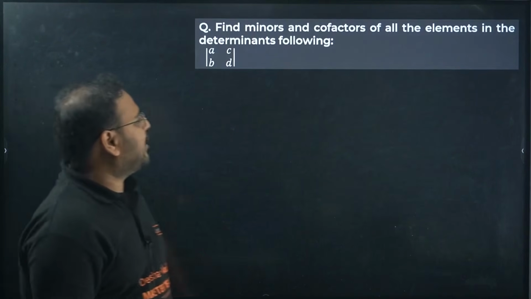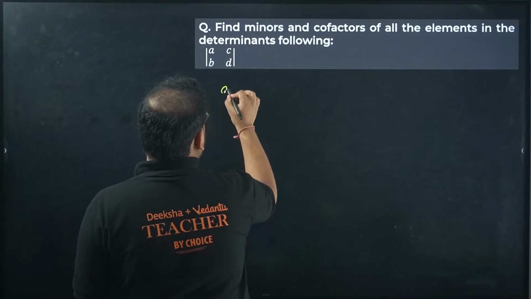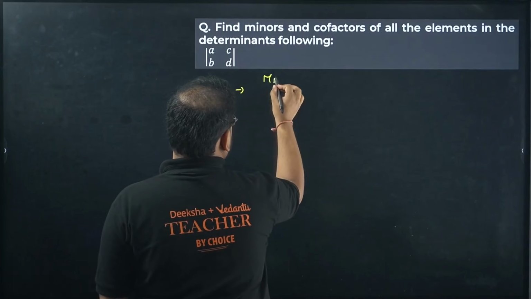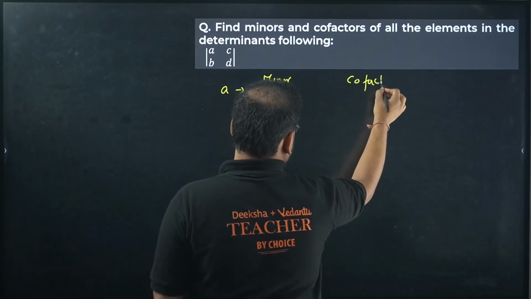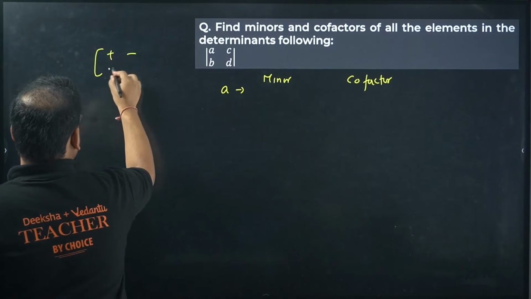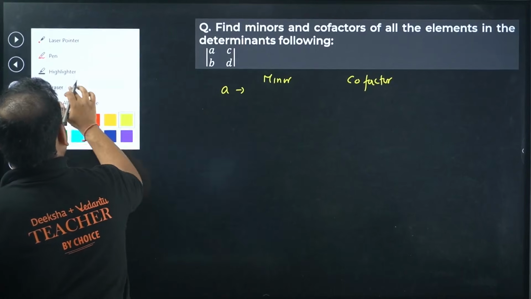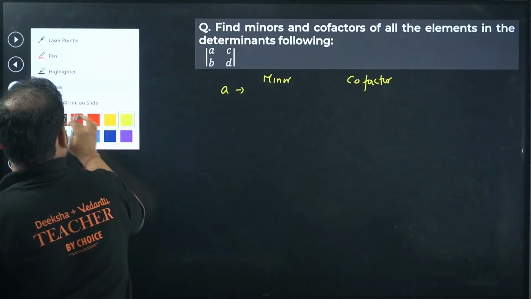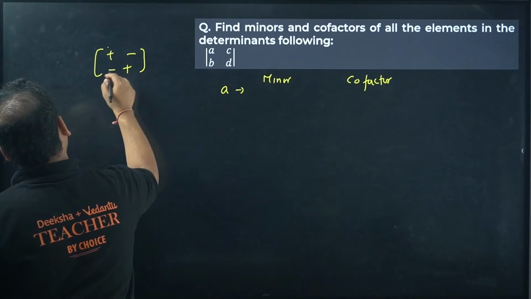Find the minor and cofactor of all the elements in the determinant. So for the element A, what is my minor and cofactor? Check here. Position I'll write first. Plus minus, minus plus, because A11, A12, A21, A22.